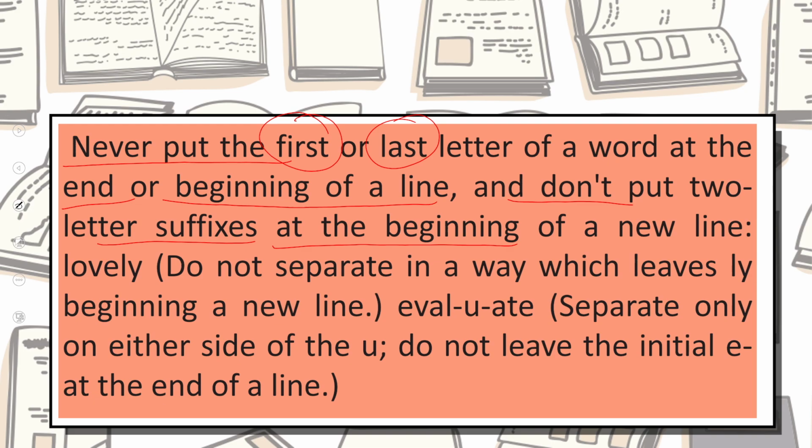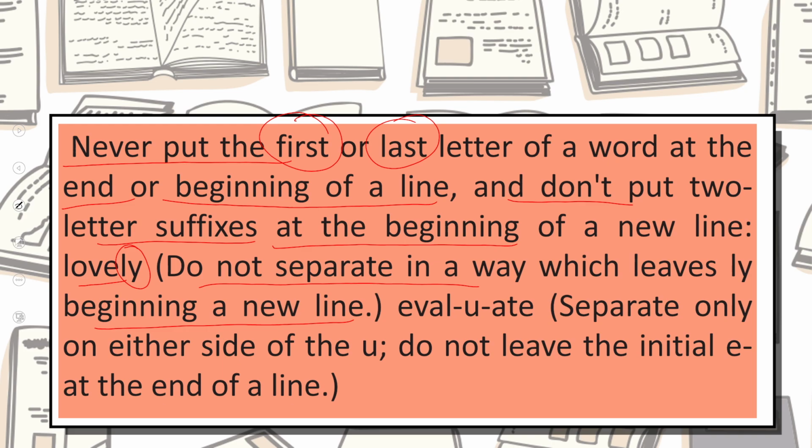For example, lovely. Do not separate in a way which leaves ly beginning a new line. It means if you are at the end of the line and your word is lovely, you do not have to write ly at the next line because it will be very much awkward and wrong.